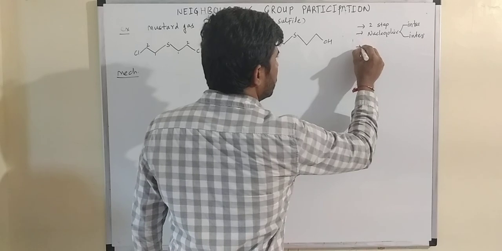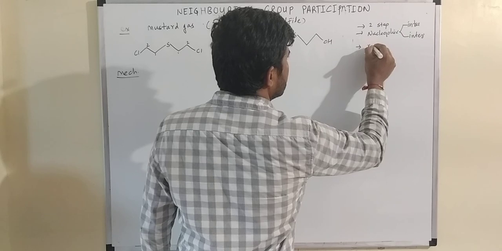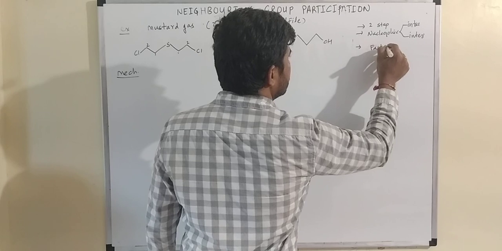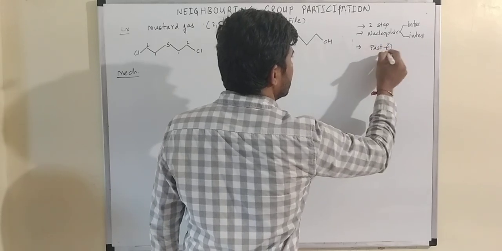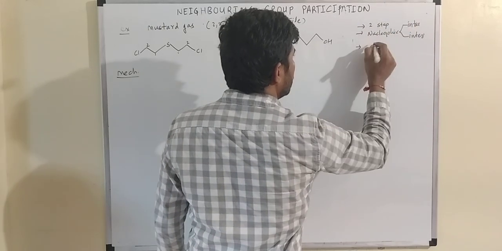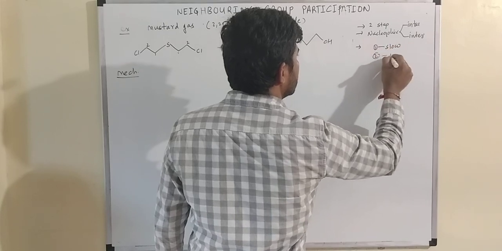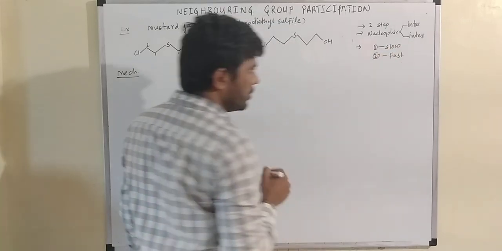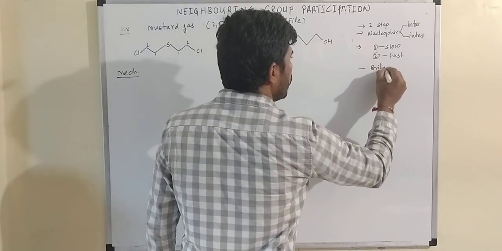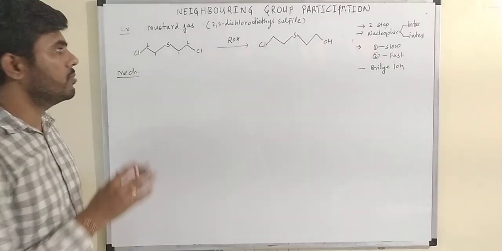The third one is the reaction steps, the fast step and the slow step. First step is a slow step and second step is a fast step. The important point is that it forms a bridge ion. That is the most important part of this reaction. It forms a bridge ion.